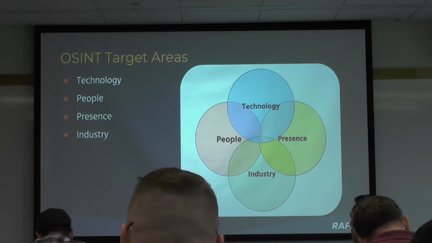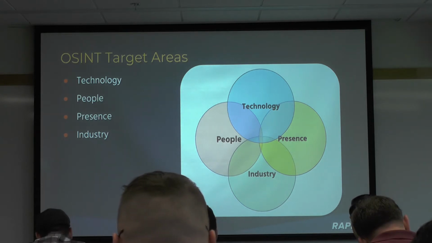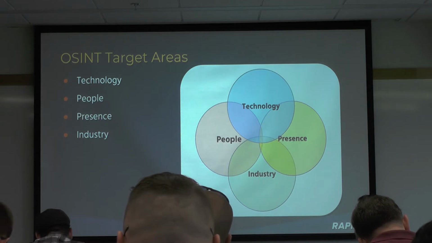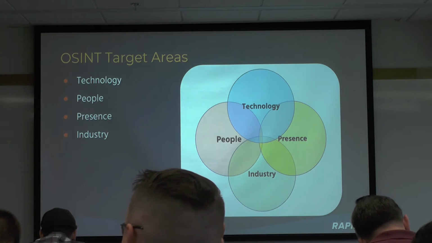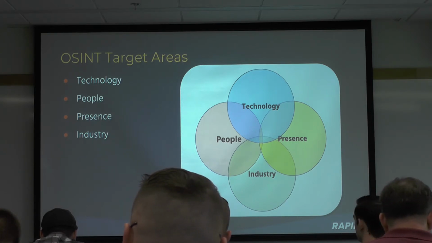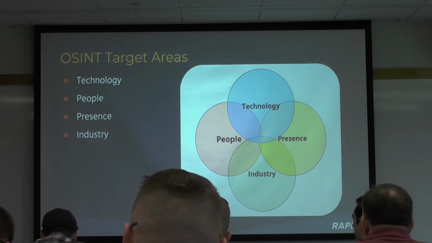Then there's technology. Technology is really anything that they use technology-wise, such as what kind of operating systems they are using, any specialized technology. If they're, for example, in healthcare, maybe they use Epic, maybe they use SCADA systems, so they use certain types of Siemens software.